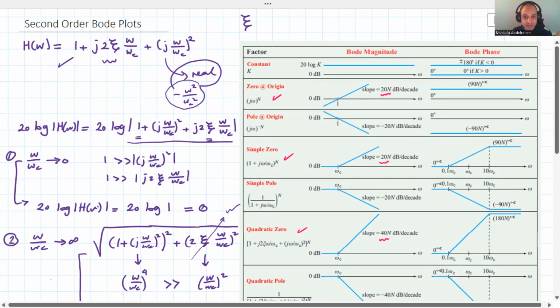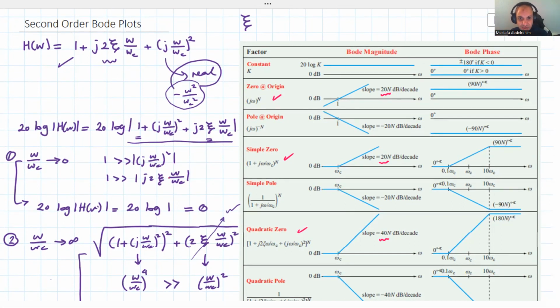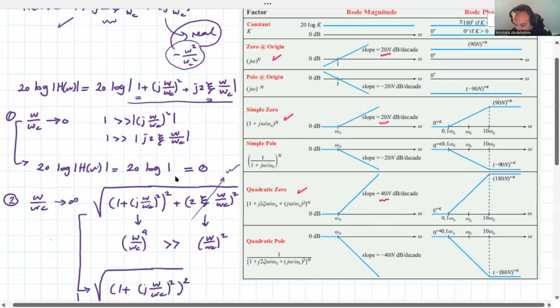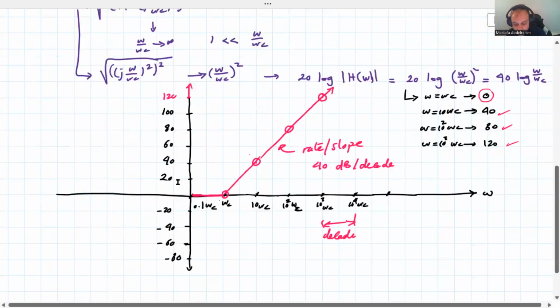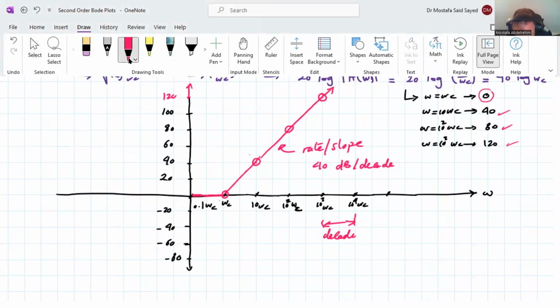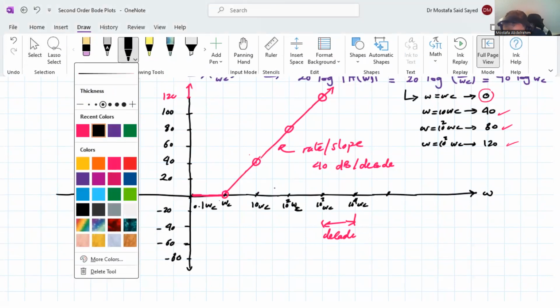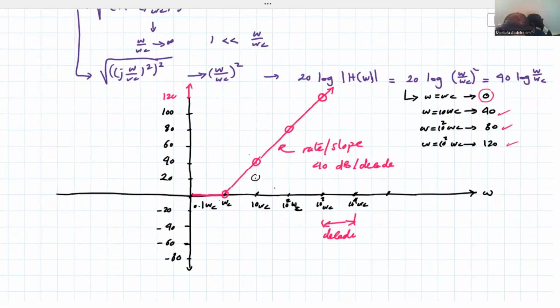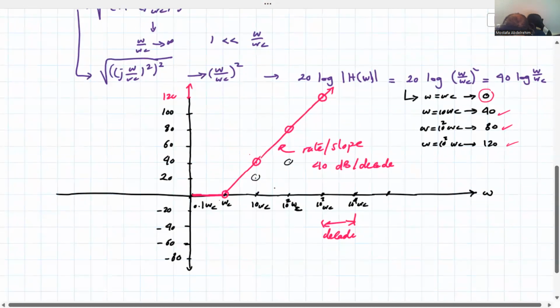It's more steep, so the rise is more steep. Let's see the rise if it was 20. That's not our question, but if the rise is 20, it will be here, here, and here. That will be the rise if it's 20 decibels per decade.